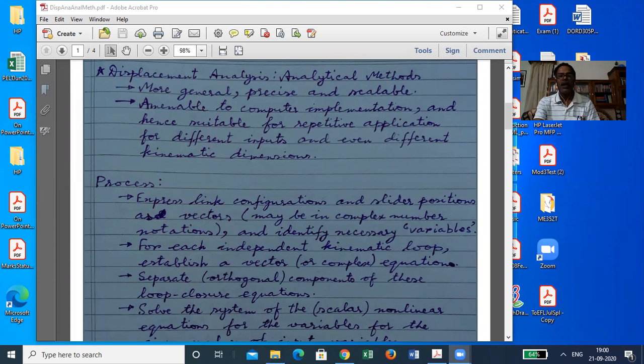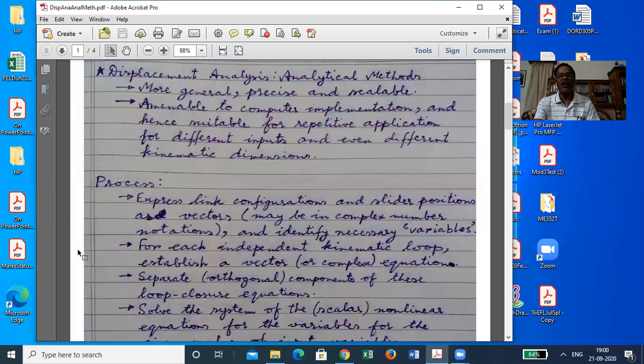Now, today we study analytical methods of displacement analysis. Analytical methods are more general, precise, and scalable. That is, of course, even graphical methods are scalable in the sense that they can be applied to larger and larger problems also.